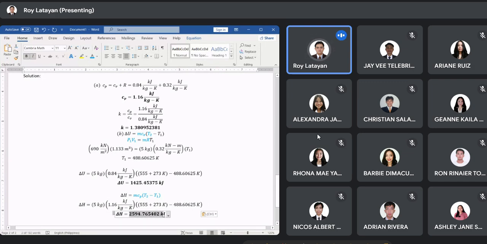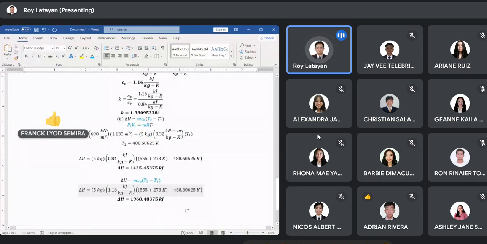Then we have delta H. Kunyari, hindi niyo yan sinolve at hindi ko alam kung tama ba yung nilagay kong value.